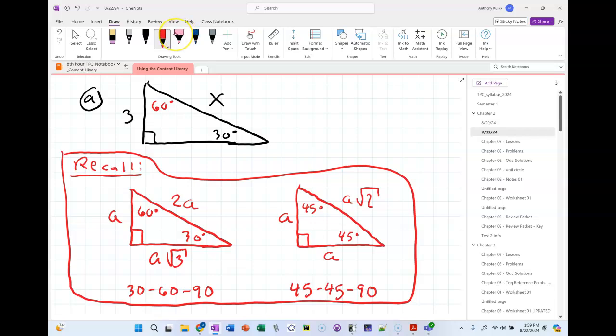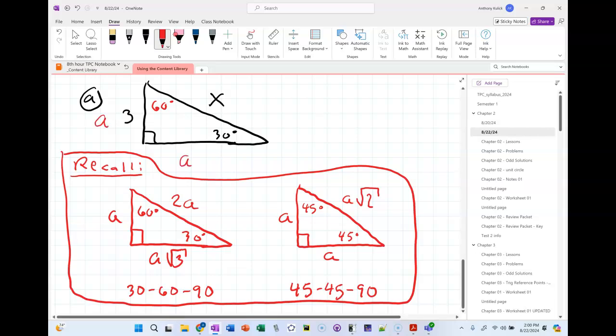So, if I look at my 30, 60, 90 triangle, what I want to do now is add the ratios for the side lengths to this problem. So the side opposite the 30 degree has the ratio A. The side opposite the 60 has the ratio A root 3. And the hypotenuse has the ratio 2A. Is everybody okay with how I've added those in?